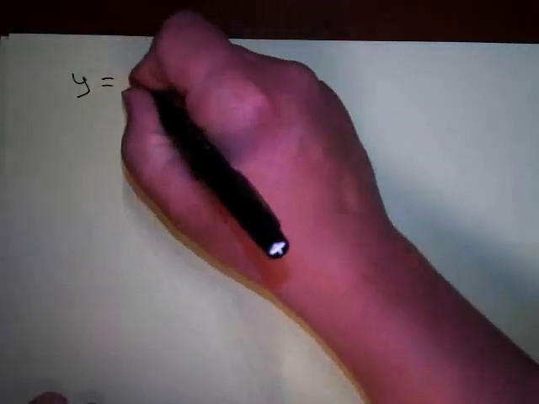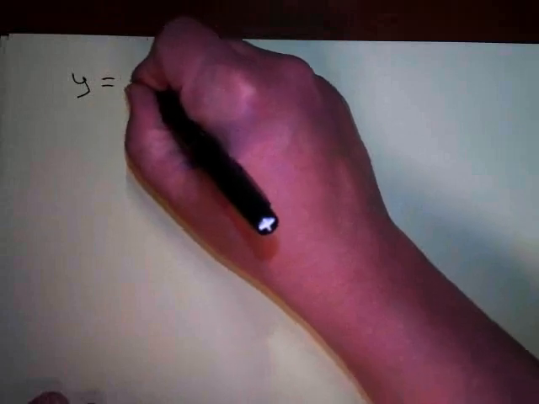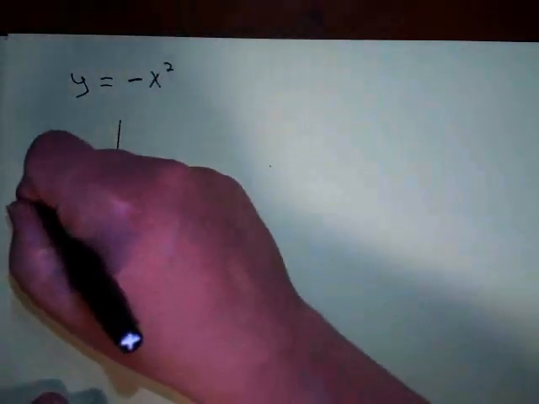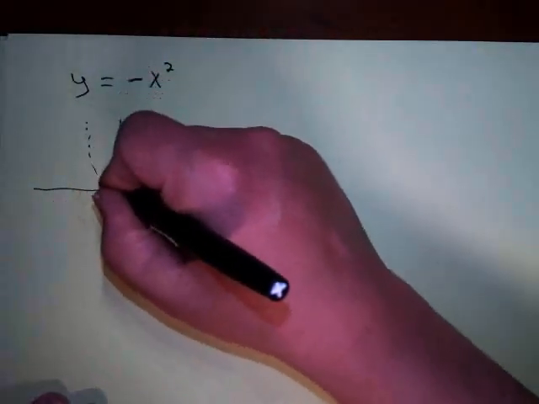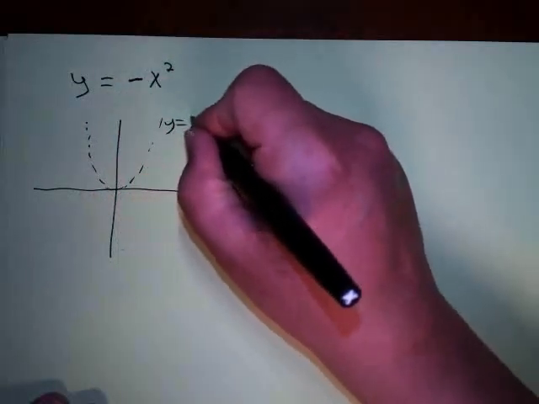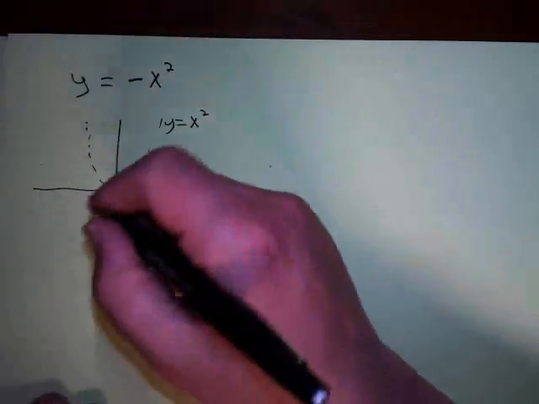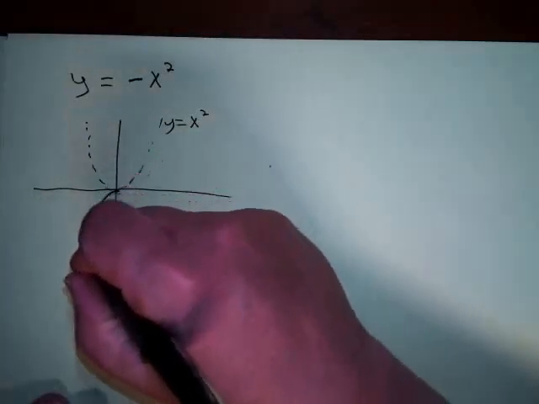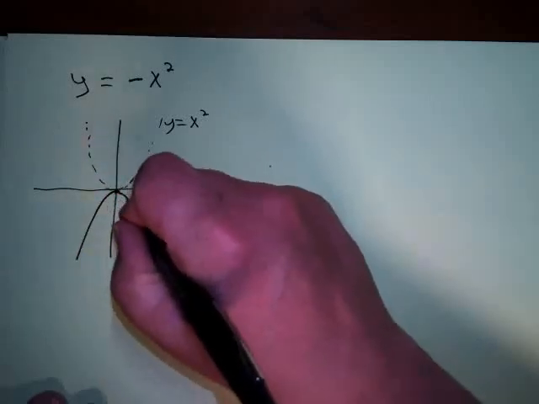Okay? So then what we can do here is we could also flip a graph over. So let me do negative x squared. Okay, so when you put a negative on the outside of the function here, so this is the normal y equals x squared, the negative on the outside is going to flip this over.